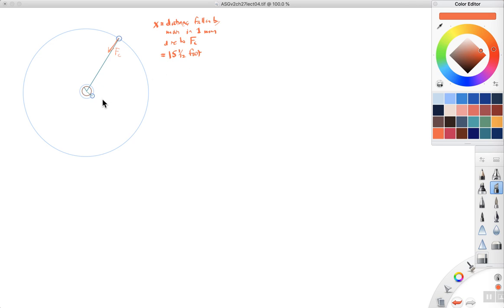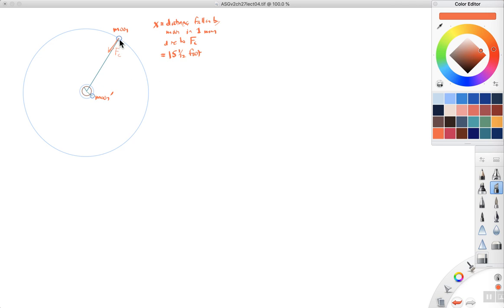Then Newton said, let's hypothetically imagine that instead of the moon orbiting out here, there was another moon. We'll call this moon 1, and we'll call this moon 2, or moon prime, a special new moon. If it was orbiting not at 60 Earth radii, but at 1 Earth radius, how far would we expect it to fall during 1 minute?